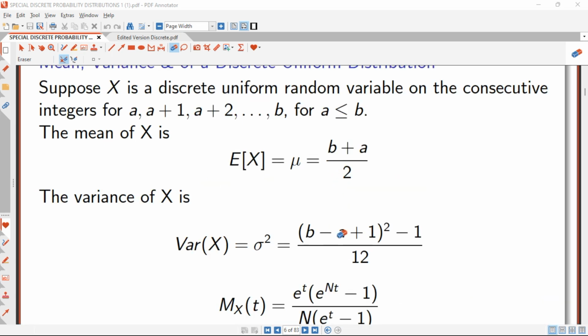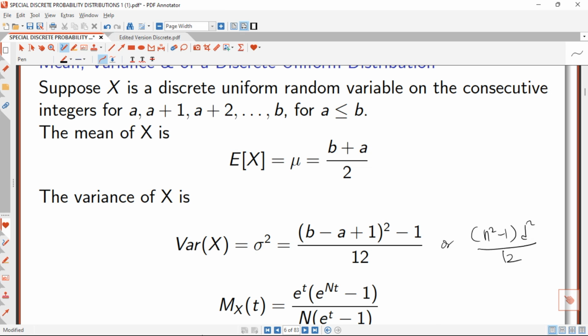But note, the variance formula only holds when our sequence is consecutive integers, right? If our a and b, as you see, are not consecutive integers, then we will use this formula for the variance: (n squared minus 1) times d squared, all divided by 12.